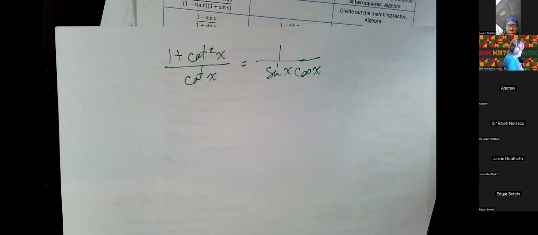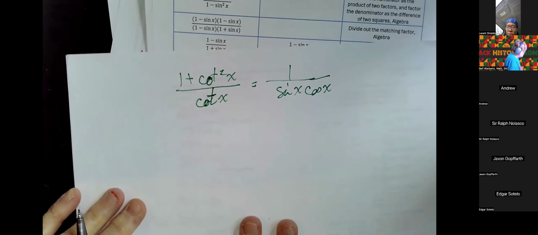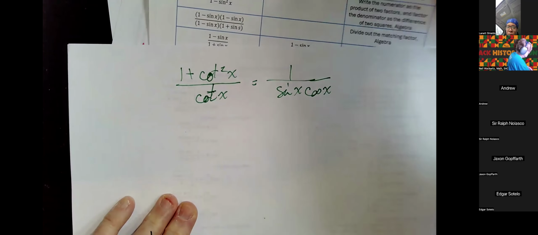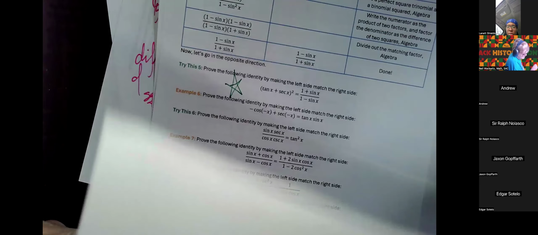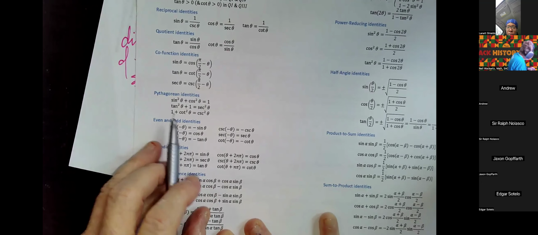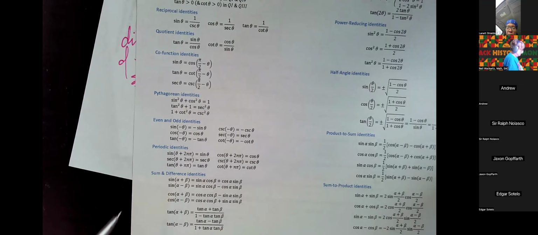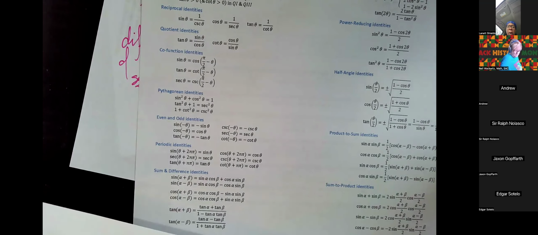Yes, that's a cotangent. One of the other Pythagorean identities is 1 plus cotangent squared x equals cosecant squared.